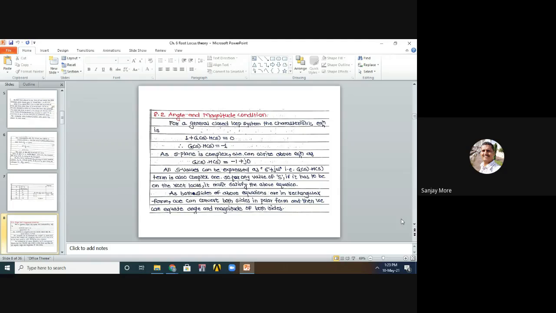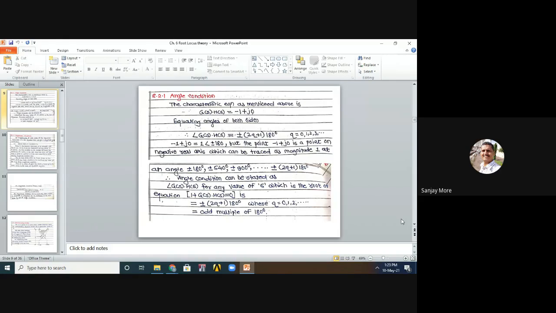Different poles take different angles and also magnitudes. Both sides of our equation are in rectangular form. We can convert both sides to polar form, and then equate the angle and magnitude of both sides.